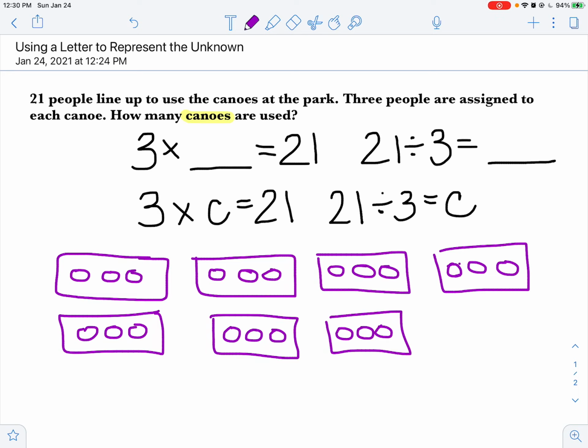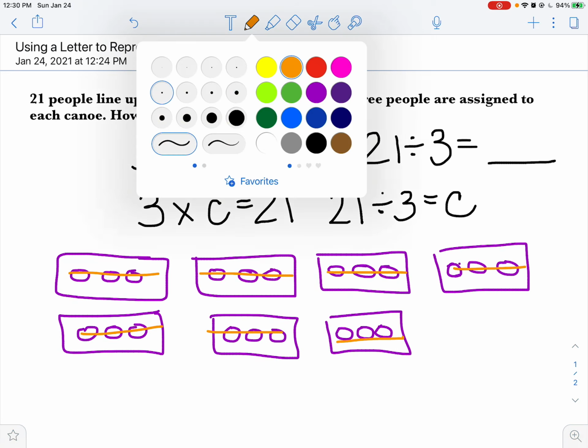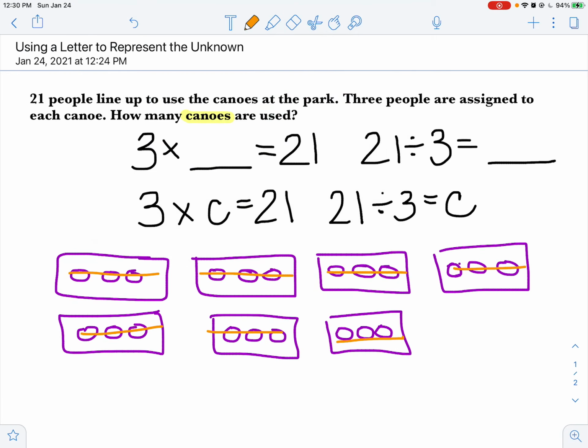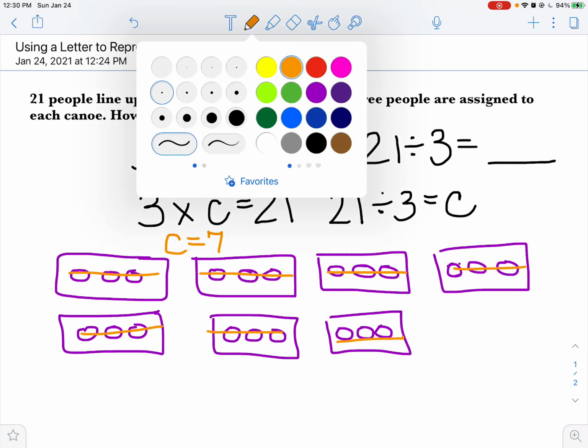So now if I check how many canoes, I have 1, 2, 3, 4, 5, 6, 7. 7 canoes because I counted each canoe, right? So in this case, I can write my answer like this. I can say C is equal to 7. The C representing how many canoes. The number of canoes I need is 7.